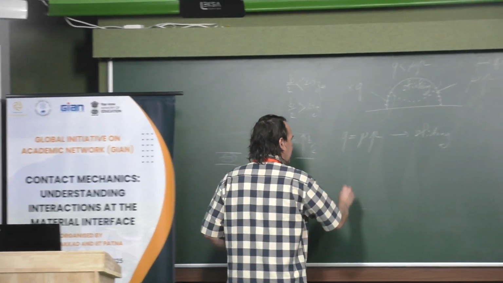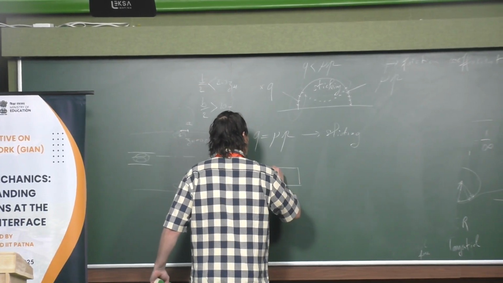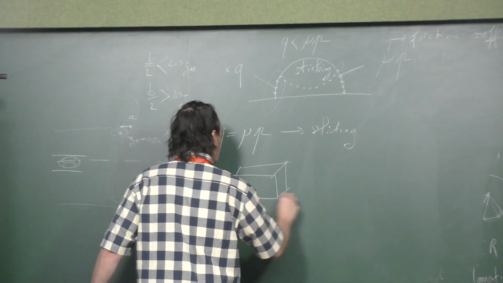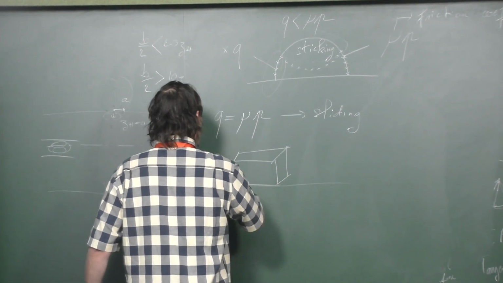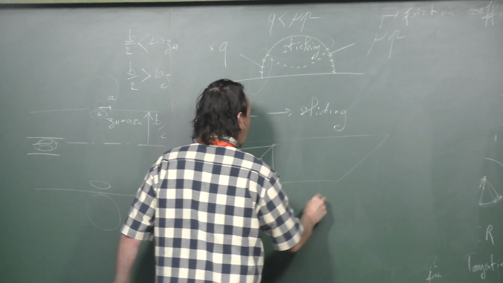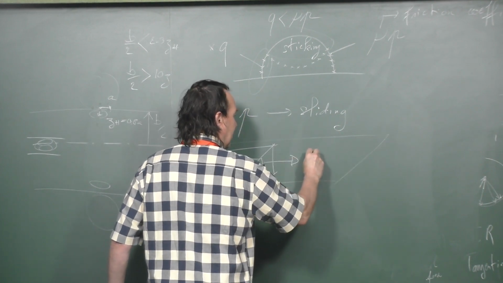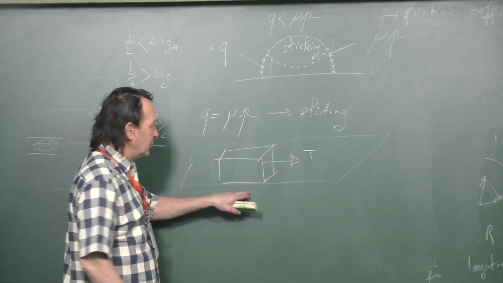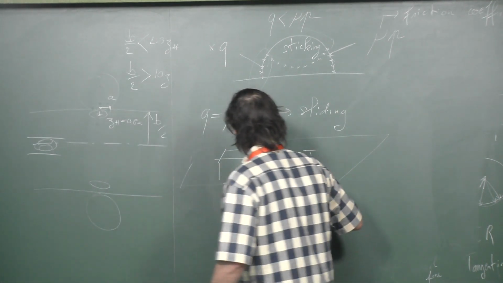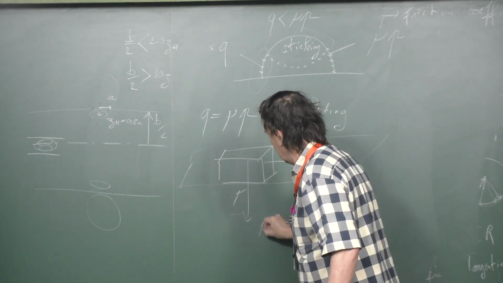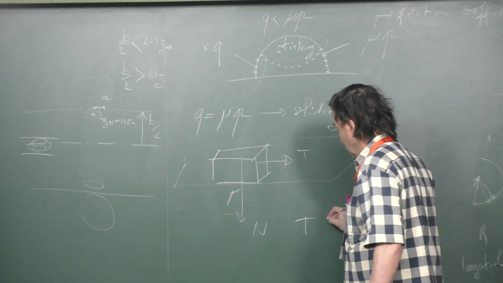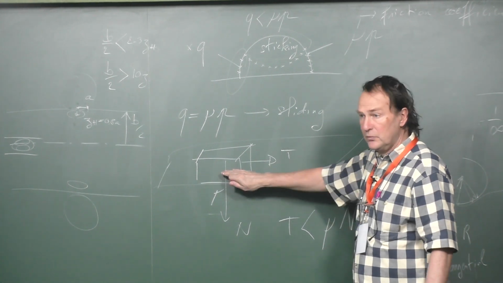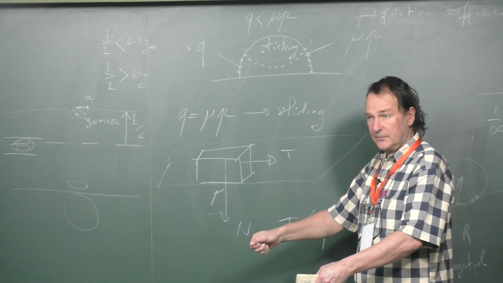Okay, if you have a block like that in a plane, you apply tangential load. You have a friction coefficient mu, and you have a normal load N. When T is lower than mu times the normal load, it won't move, it will be sticking.